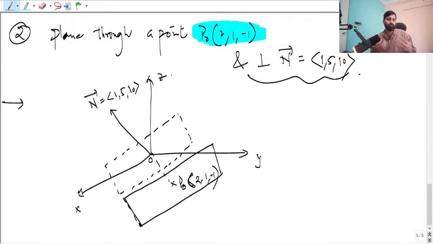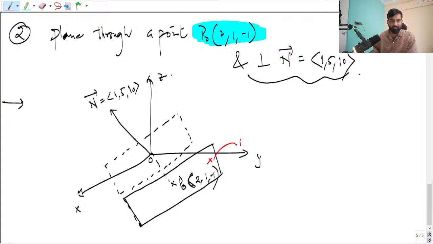So my plane, instead of passing through the origin, passes through a new point, and that new point is going to be P naught. So how am I going to do that? For a point P to be in our new plane, let's take a new point, same story.